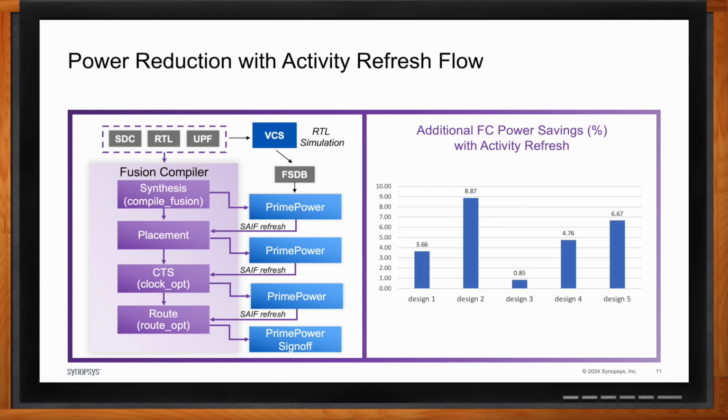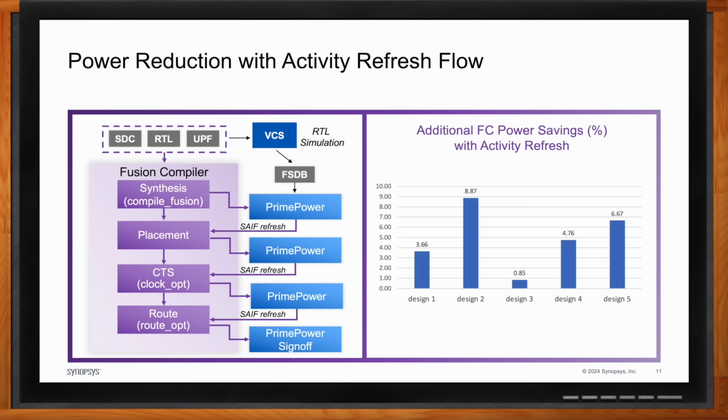In order to do a really good power optimization in this flow, you need to recompute activity based on the netlist stage that you're in, whether it's post-placement, post-CTS, post-route, and so on. So that's where this activity refresh flow comes in between PrimePower and Fusion Compiler. So PrimePower will take a netlist.